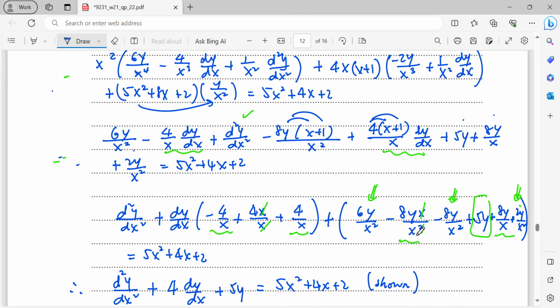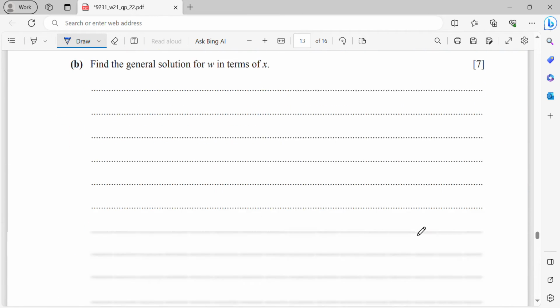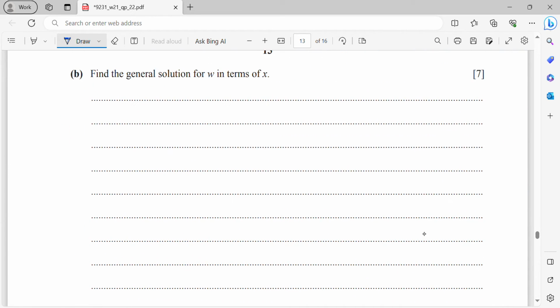Right? So now next, find the general solution for w in terms of x. So now we need to solve this differential equation.